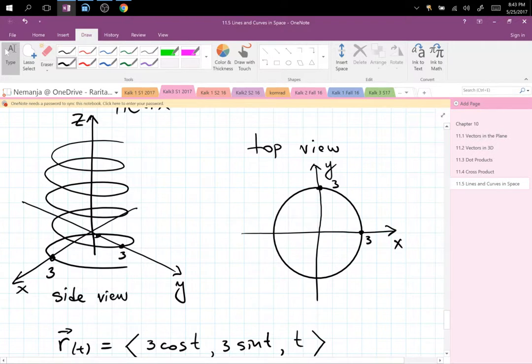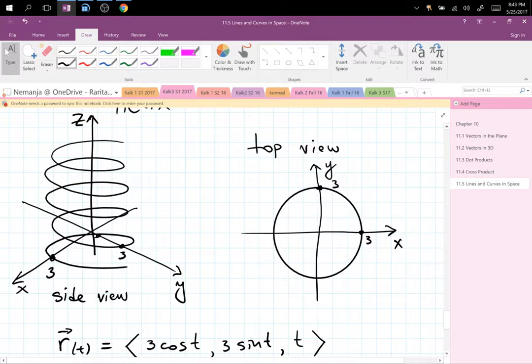I quickly realized that if I want to put the helix around the y-axis, then the special thing goes for the y-coordinate. So I would have 3 cosine t, t, and then sine t if the helix wraps around the y-axis. If it wraps around the x-axis, it will be t, and then cosine, and then sine.